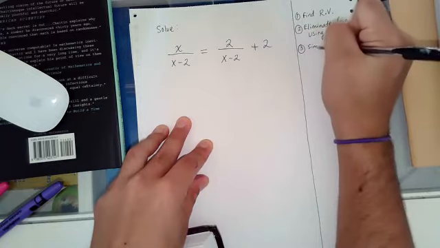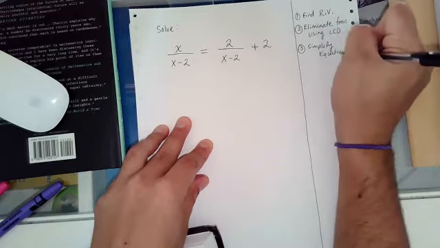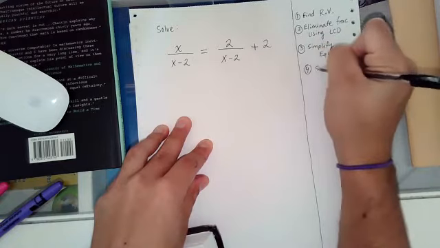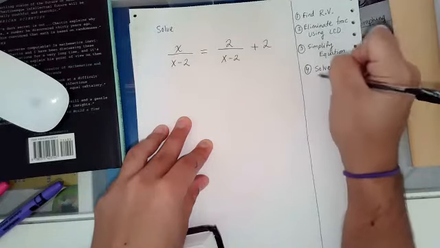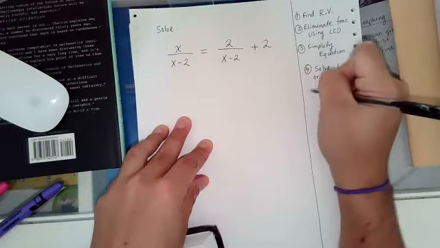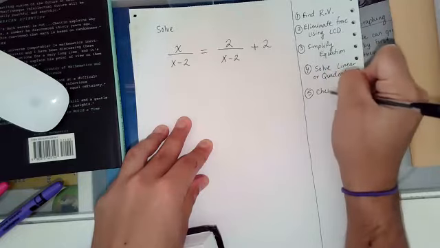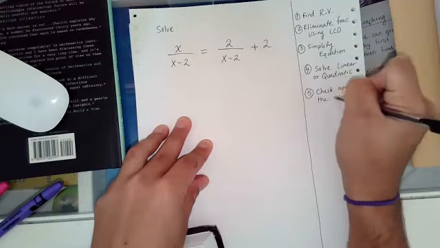You're going to simplify the equation. You're going to solve whatever equation you get. And then you're going to check that against the restricted value.